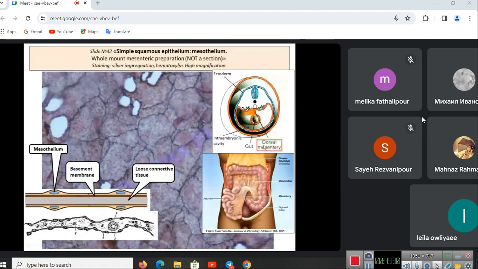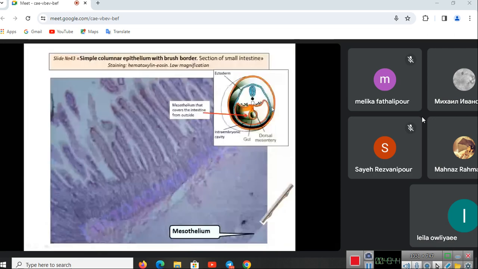So it's the mesothelium which covers the organs in body cavities and which lines the body cavities from inside. Also, we will see the mesothelium in our other histological preparation, in the preparation of the section of small intestine.